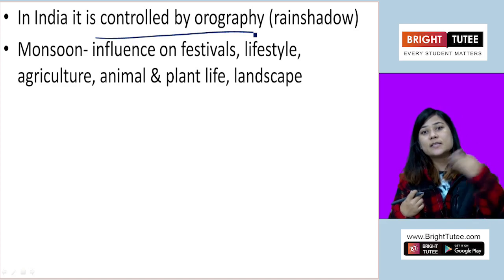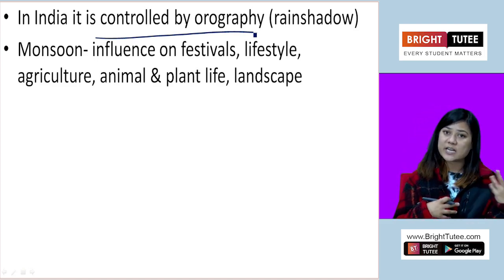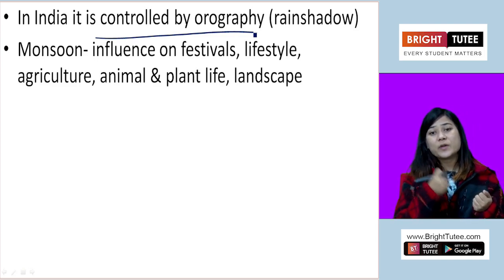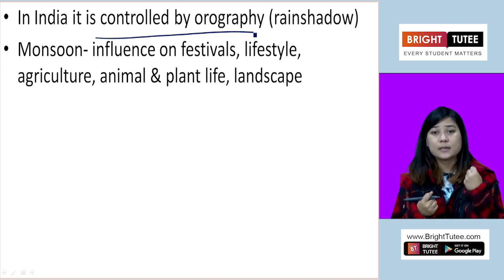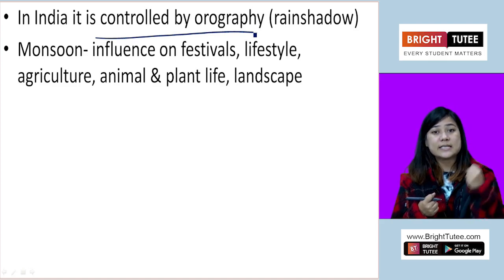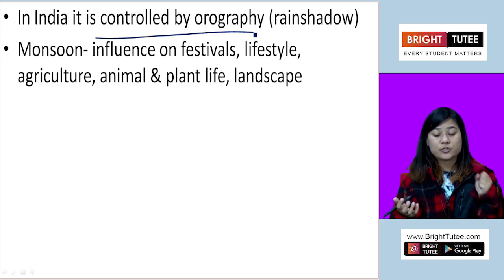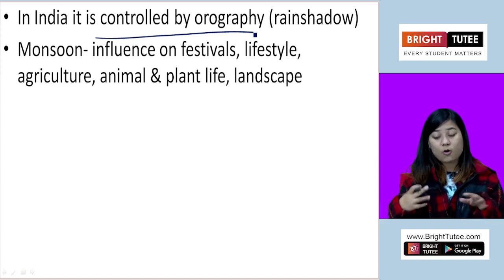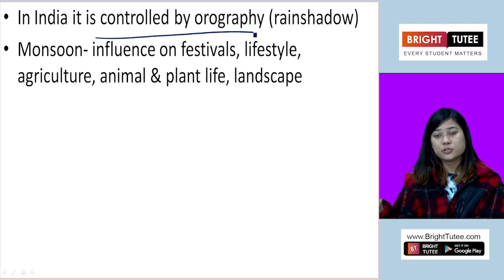Again, in the areas where the temperature is very high, where the heat is maximum, there the wind increases its moisture holding capacity, leading to very little rainfall or no rainfall at all. So you see, the landscape, the geographical features, also play a very important role in the uneven distribution of rainfall in India.